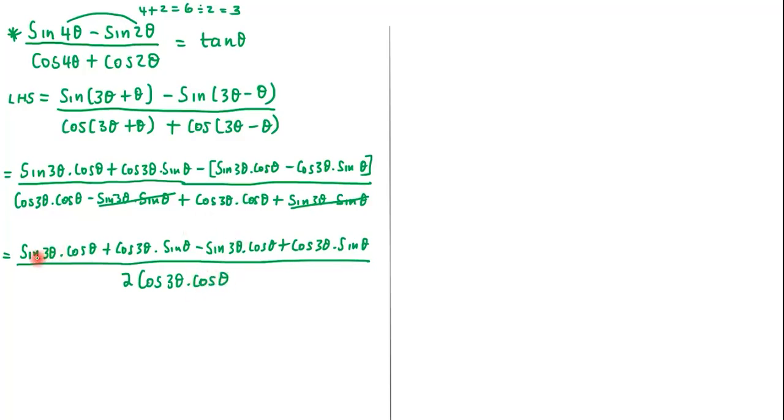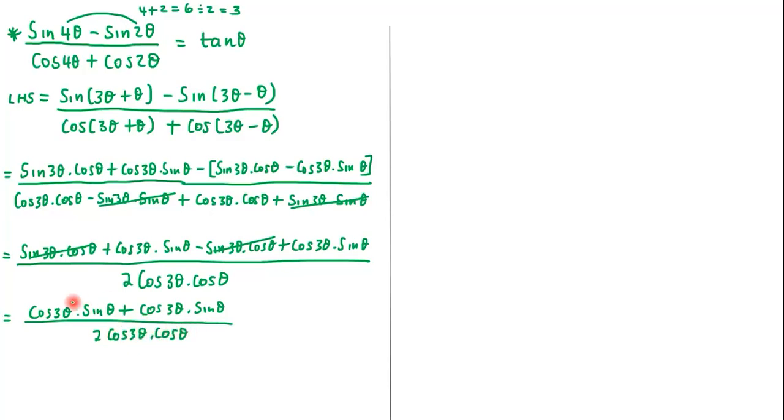Now here this cancels with that, and then here I have cos 3 theta times sine theta plus cos 3 theta times sine theta, all divided by 2 cos 3 theta times cos theta.